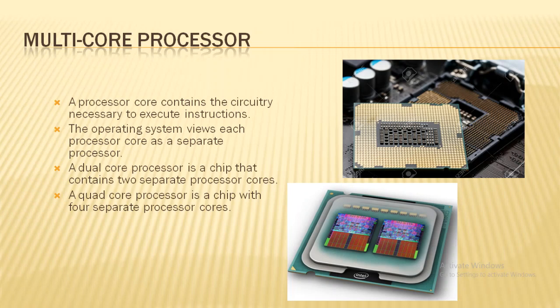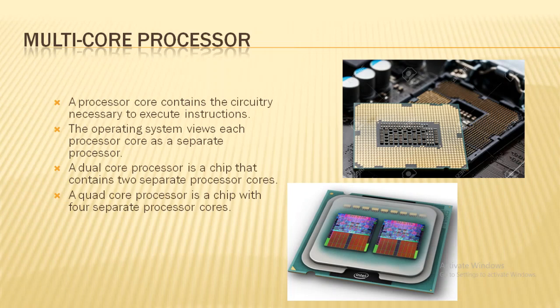Now next one is multi-core processor. Multi-core processor means, as the name itself says, it has multiple processor chips. It looks like a single CPU, but inside it we have 2 different processor chips. If it is a dual core processor, that is 2 processor chips, and if it is a quad core processor, that means it has 4 separate core processors, that means 4 processor chips.